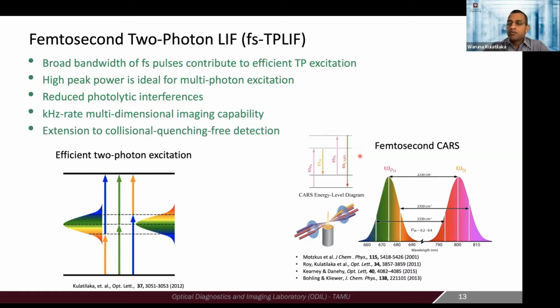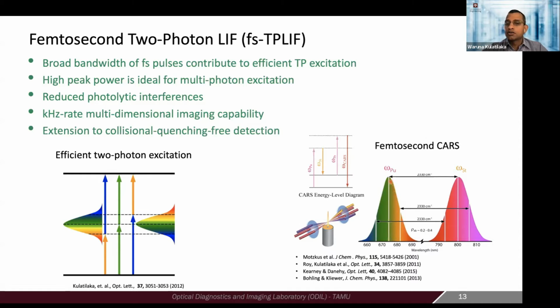There has been a significant amount of work in the community on CARS, which stands for coherent anti-Stokes Raman spectroscopy. In the early 2000s, different research groups started using these femtosecond lasers for CARS excitation.